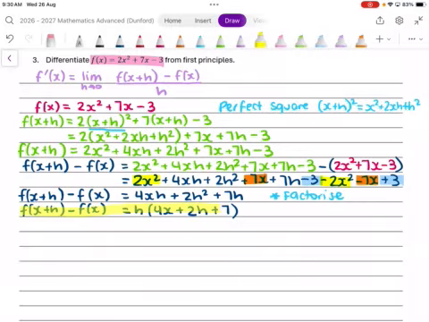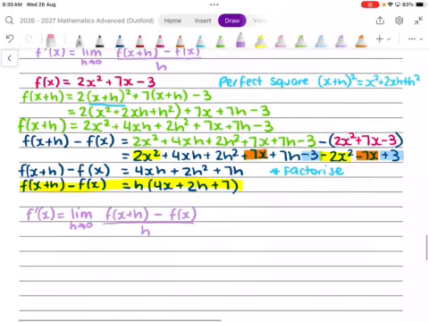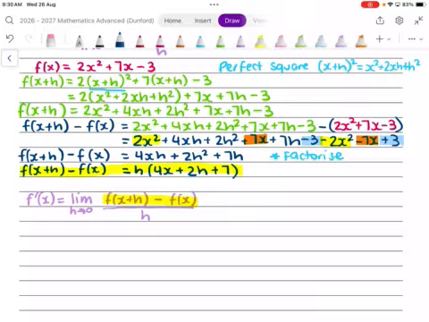That we are going to substitute into our formula. So we have our f dash x equals our limit as h approaches 0 of our f of x plus h minus our f of x all over our h. So replace that numerator with what we have on the line above.